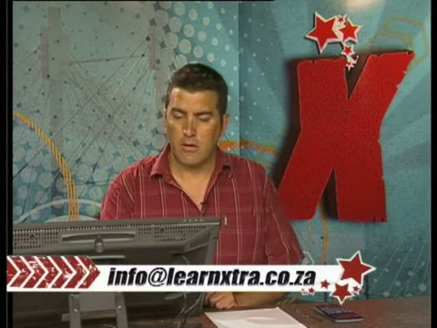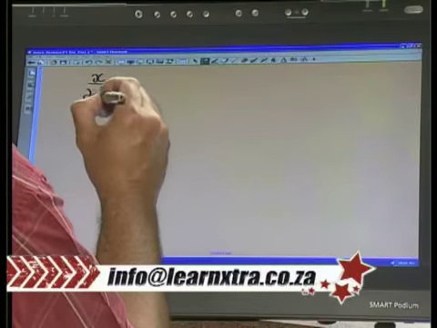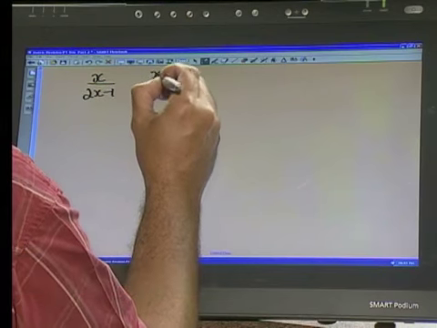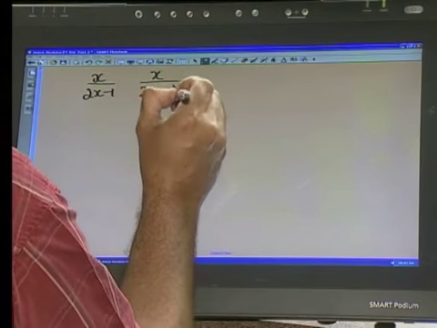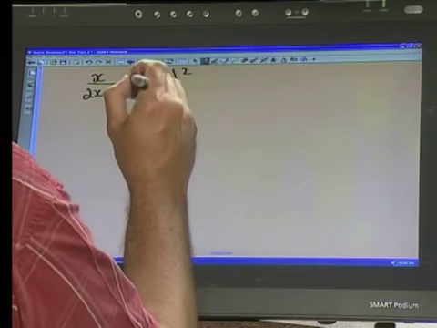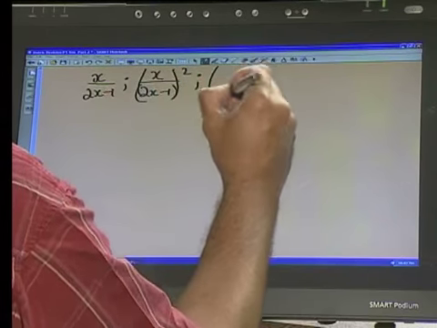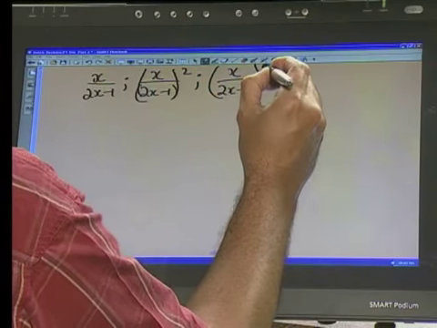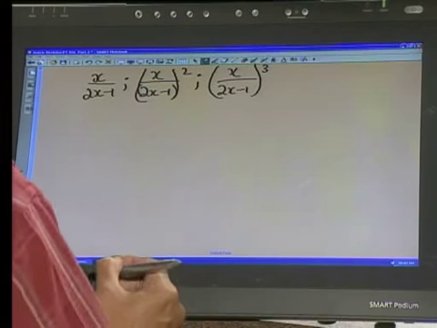The actual question says, for which values of x will the infinite geometric series x over 2x minus 1 plus x over 2x minus 1 squared plus x over 2x minus 1 cubed converge? Okay, so for which values of x will this infinite geometric sequence converge? Am I right? Yes, yes, sir.